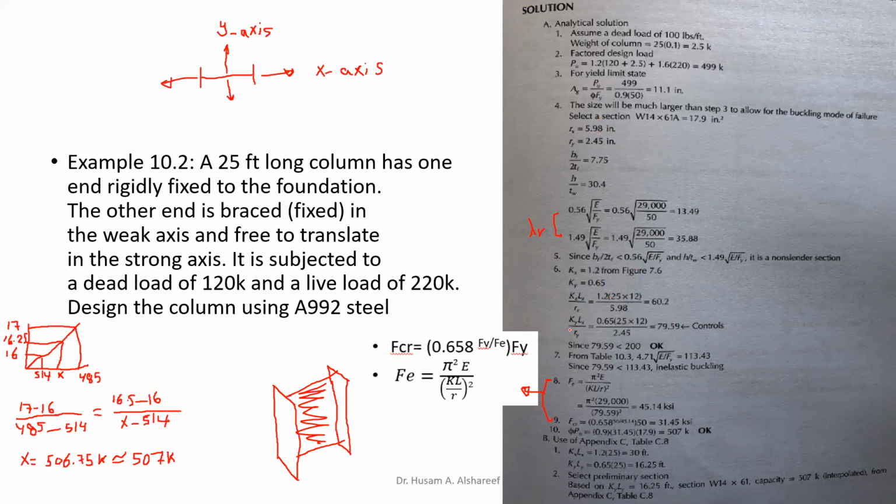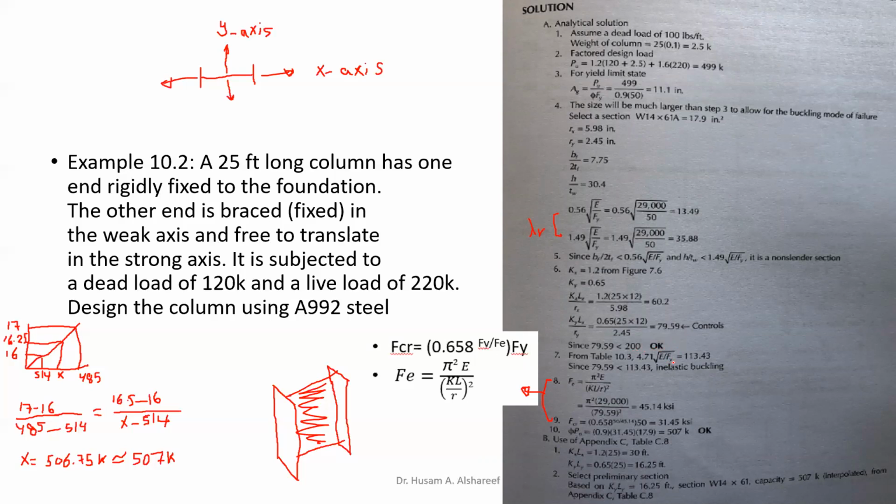And you do the same for the y-axis, right? Because we need to see which one controls. Now the larger controls, and we'll take this value. Now to check, the code says we always have to be below 200, which is the case here, so we are okay.